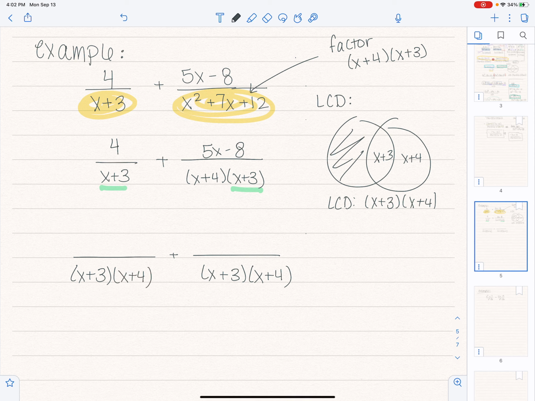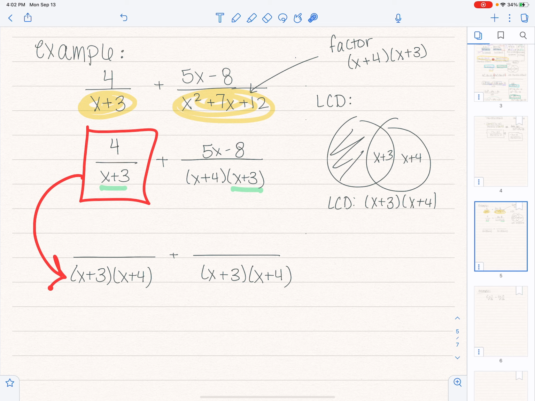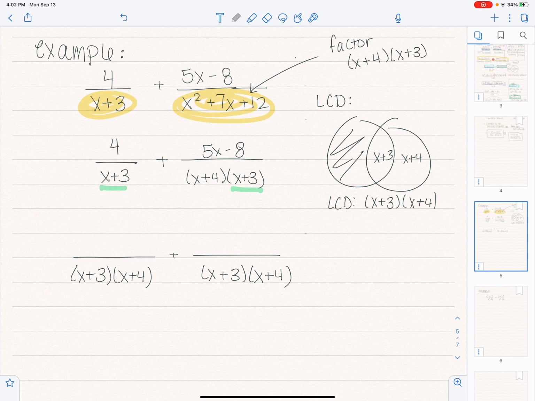Now that I have this denominator, on this fraction, with the x plus 3, what do I need to multiply top and bottom by to make it match the LCD? The denominator was x plus 3, and I need it to be x plus 3, x plus 4. So I'm going to multiply top and bottom by x plus 4.